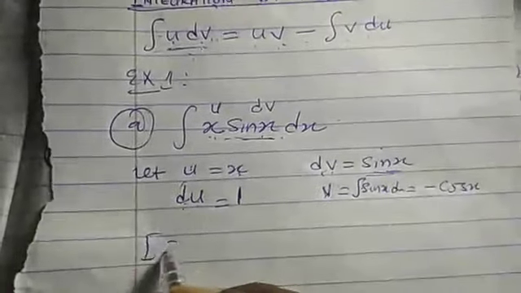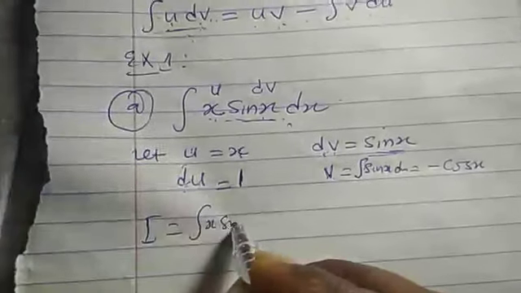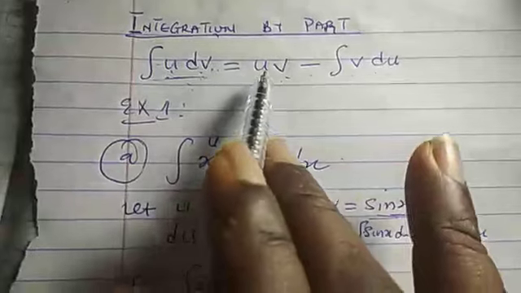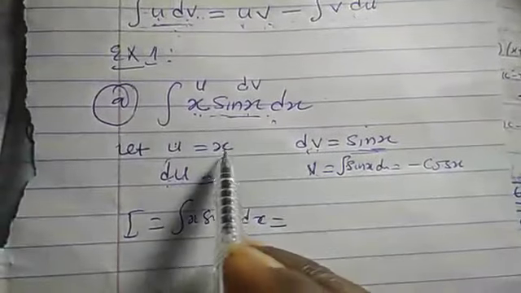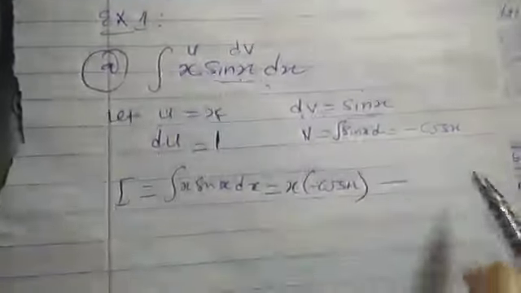Then our integral, integral x sin x dx, I will now use this formula. The formula is uv. This is our u, so x times minus cos x, minus integral v du.